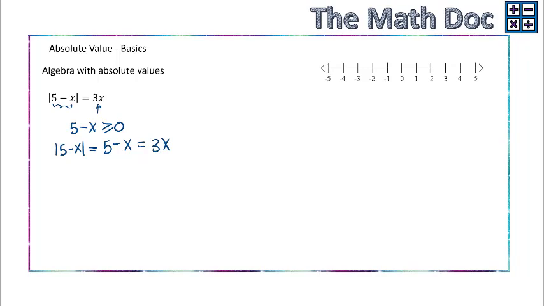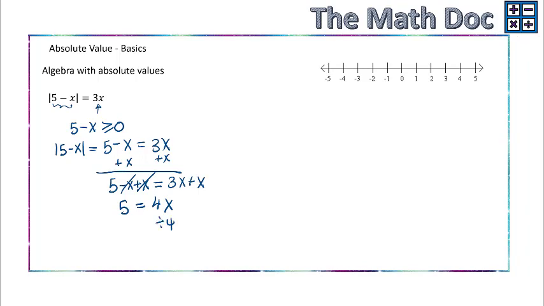So now we can add x to both sides, right? And 5 minus x plus x equals 3x plus x. The minus x and x cancel, and we have 5 equals 4x. And so we can divide now by 4, right?